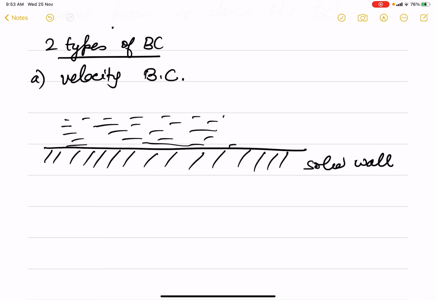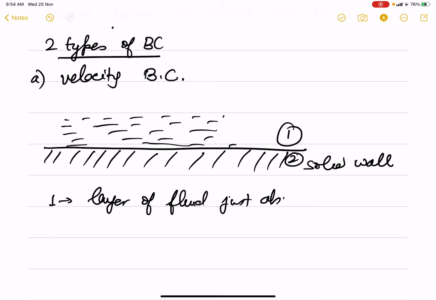So at the boundary, let us call 1 the layer of the fluid just above the wall, and 2 a point on the solid wall.